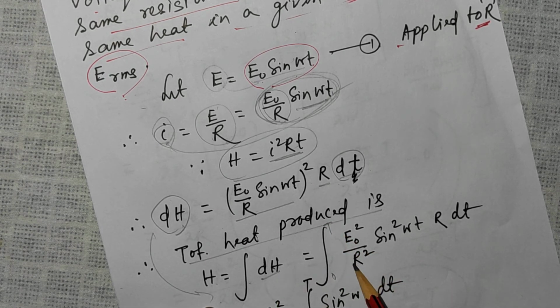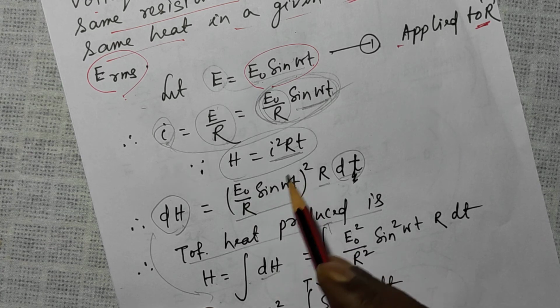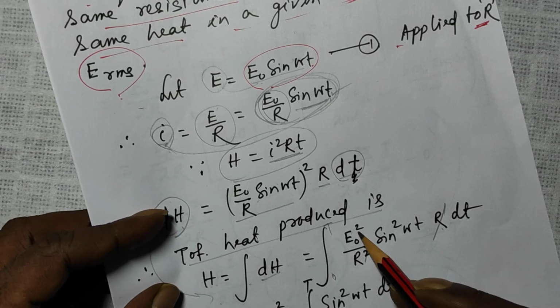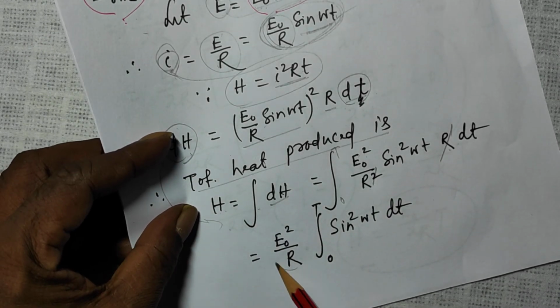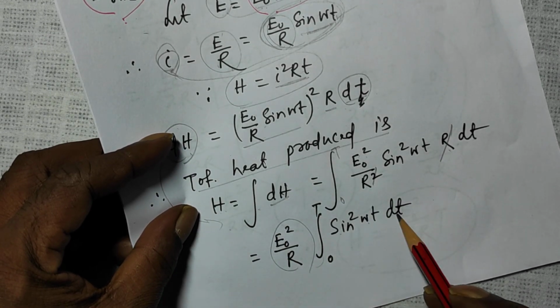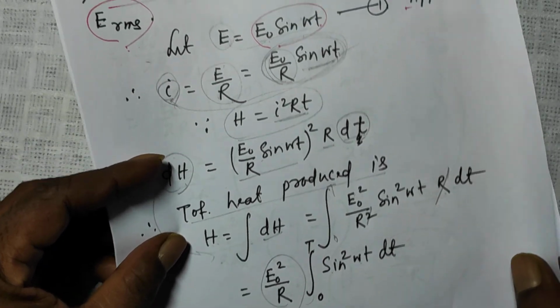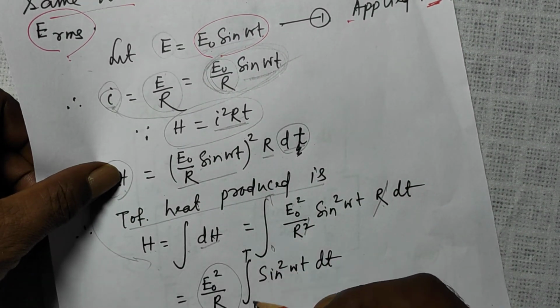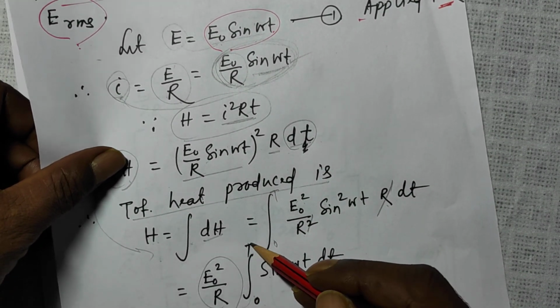For dH I substitute E naught square sin square omega t over R square times R dt. One R cancels, so I am left with E naught square over R, which is a constant taken out, times the integration of sin square omega t dt from 0 to t. You may not think of it as a complete cycle, any time from 0 to any time, right?